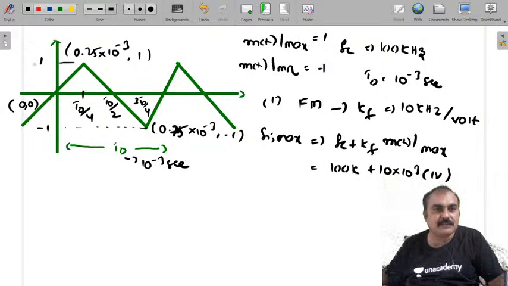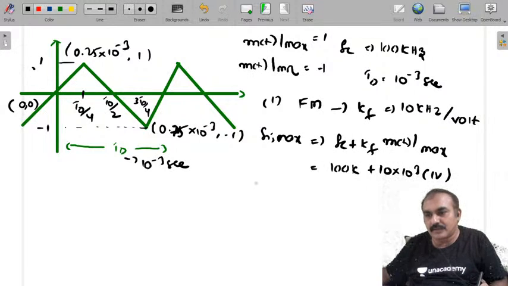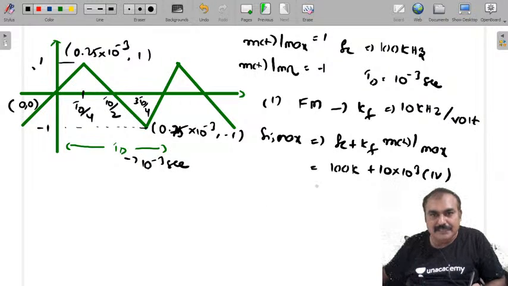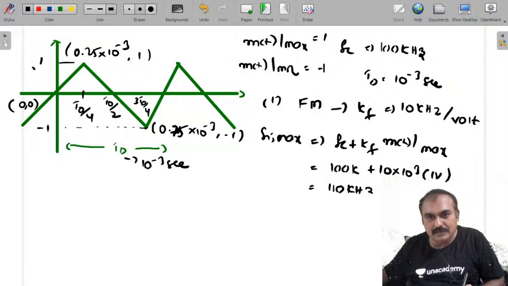This is the maximum. What is the value? How much are you getting, my dear students? 100 plus 10. You are getting 110 kilohertz.